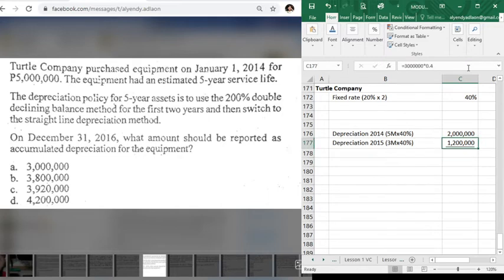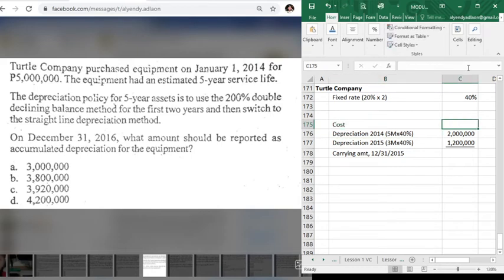The question is the accumulated depreciation for the equipment. Alright, let us first compute the carrying amount as of December 31, 2015, because on January 1, 2016, the method was already changed.